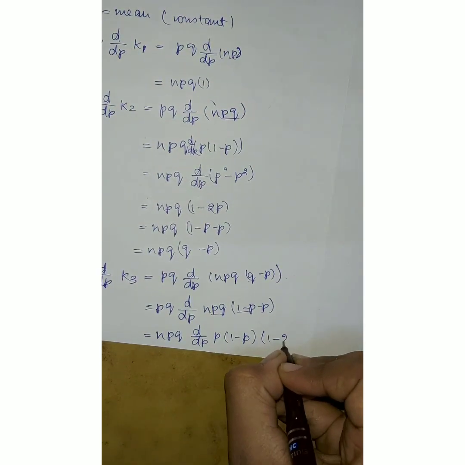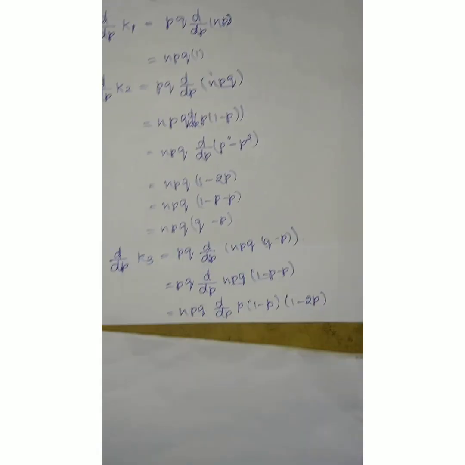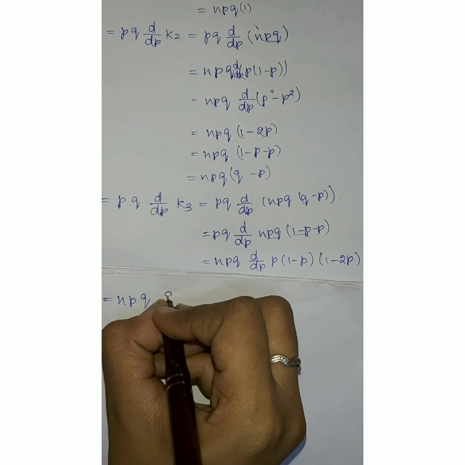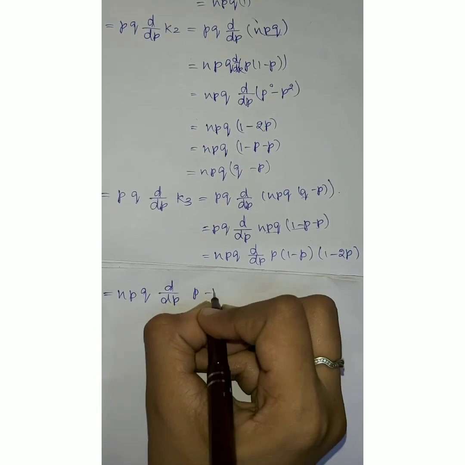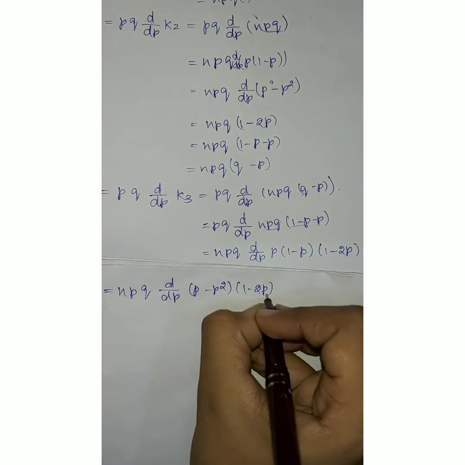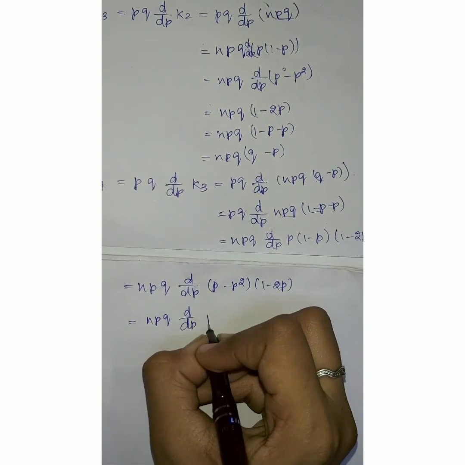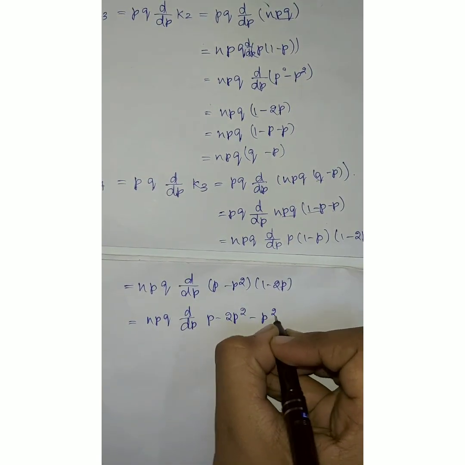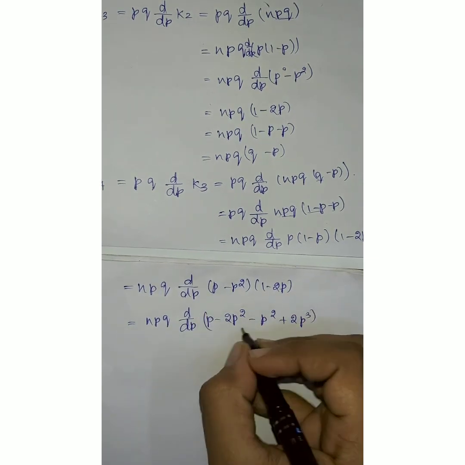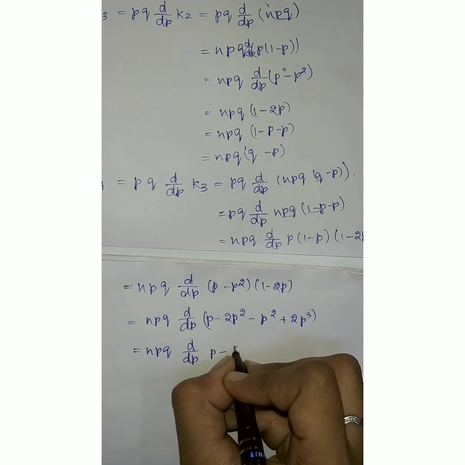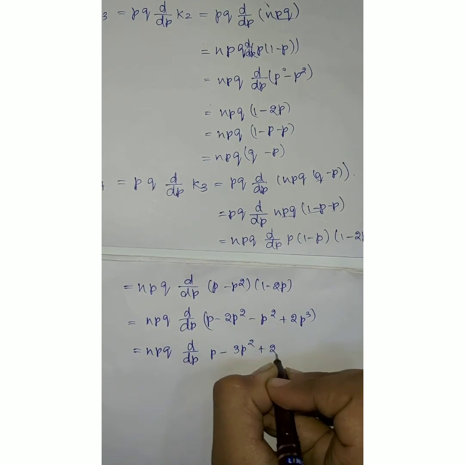Again writing 1 minus p instead of q, and combining minus p gives you minus 2p. Multiplying all terms, then finally this gives you npq d by dp of p minus 2p square minus p square plus 2p cube. Adding minus p square minus p gives you p minus 3p square plus 2p cube.